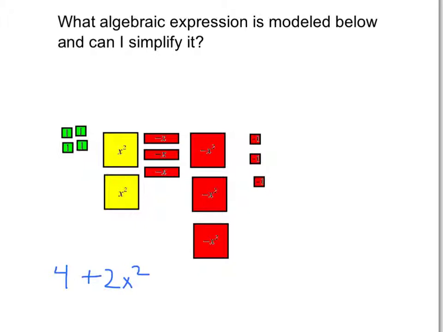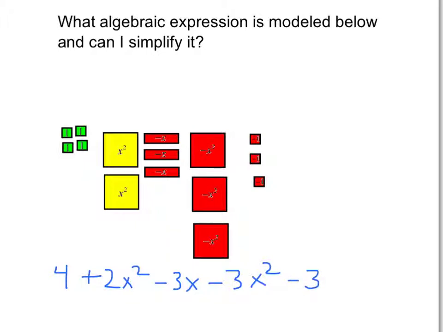The 3 negative x's are going to make minus 3x. Then I have these 3 negative x squared, so I'm going to say minus 3x squared, and then these 3 negative ones, that's going to be minus 3. So lots of 3's in this problem.